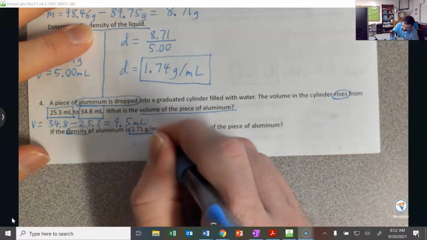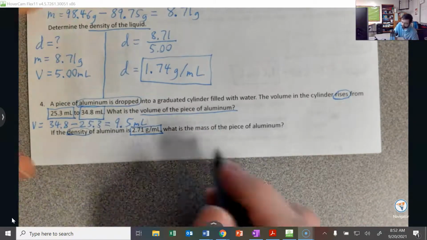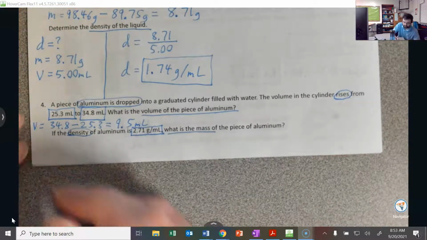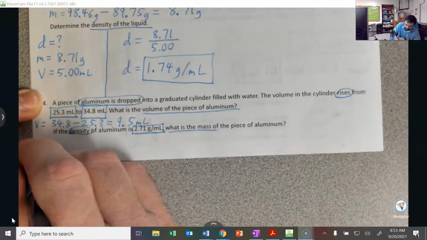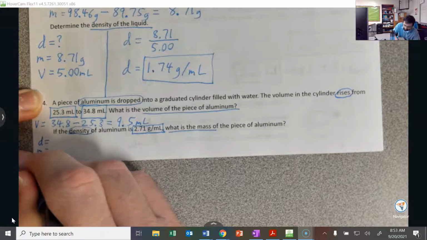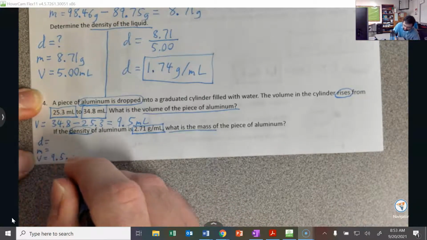Then it says if the density of the aluminum is 2.71 grams per milliliter, talking about the same problem, what is the mass of that piece of aluminum? So now we have to label our variables again. There's not a lot of room here, but we can do it. Volume was given as 9.5 milliliters.